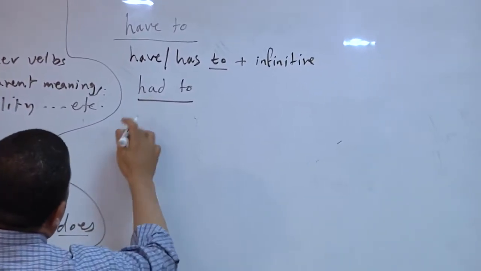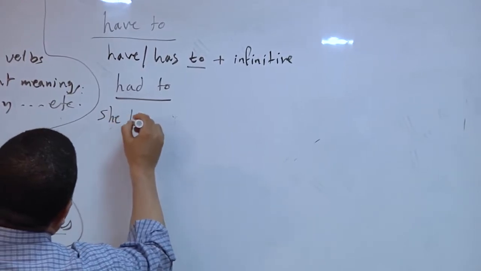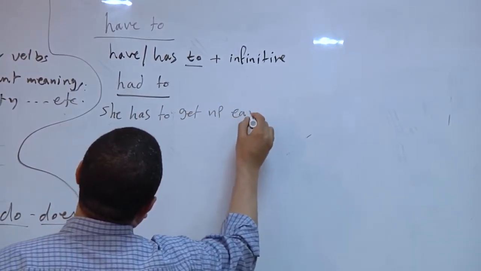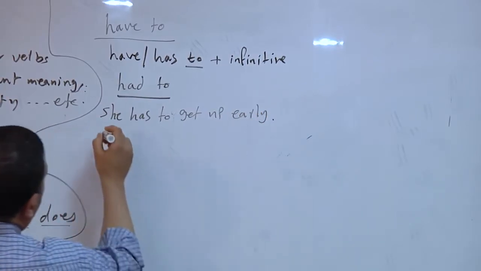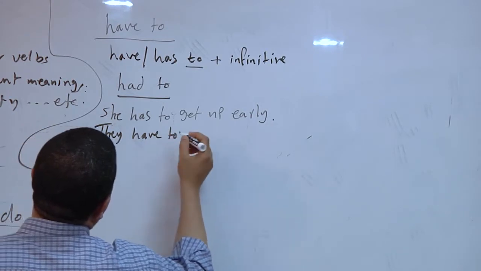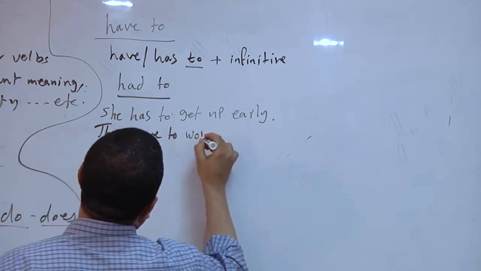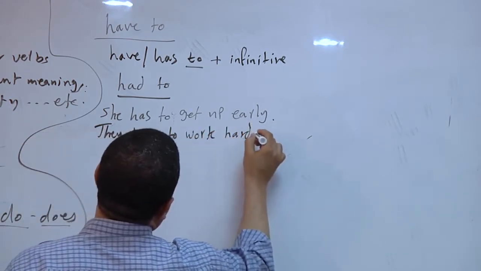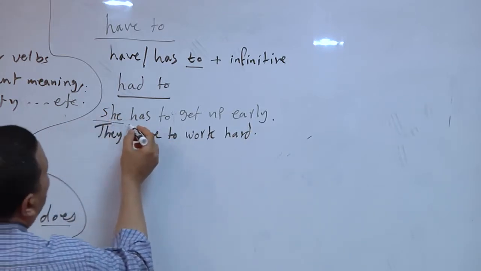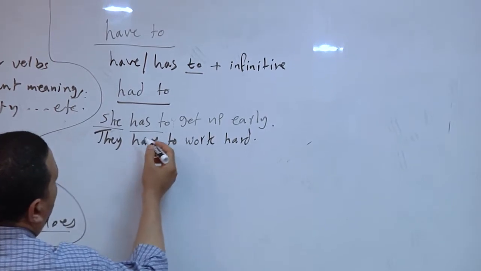We can say, she has to get up early. They have to work hard. Okay? So if we notice here, this is the subject, she, the verb has to, this is the modal verb.